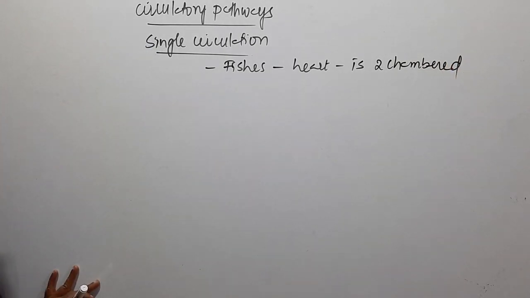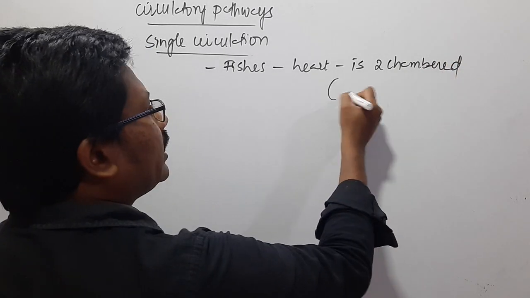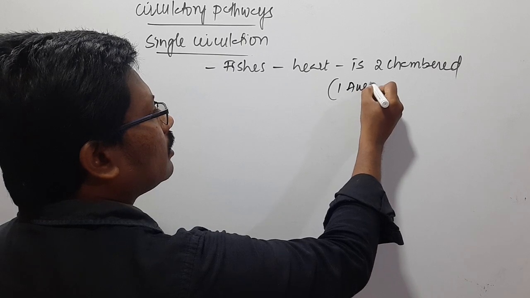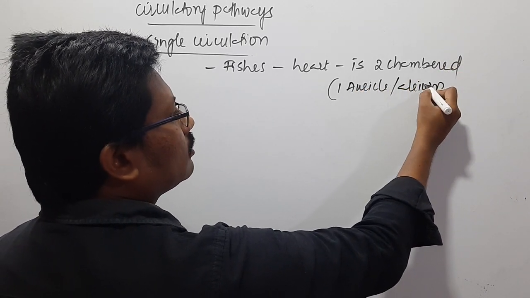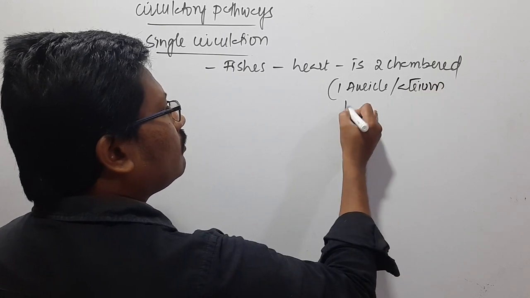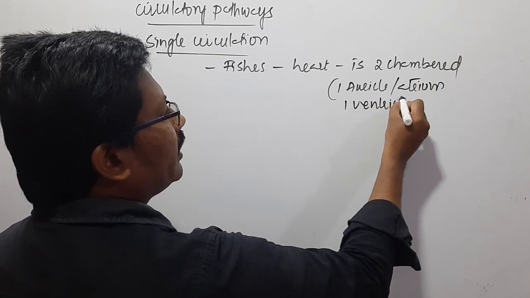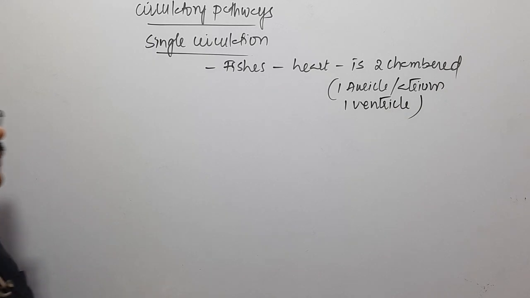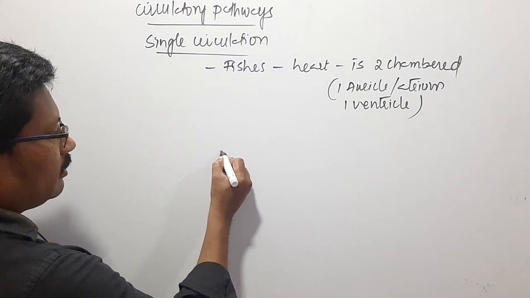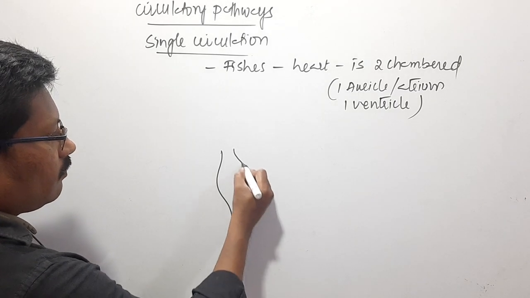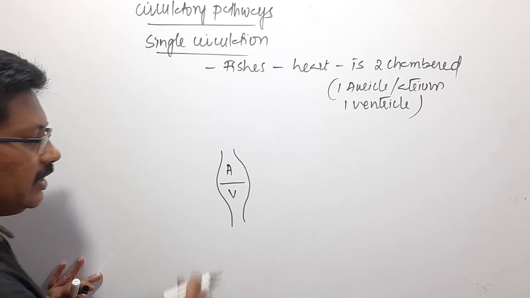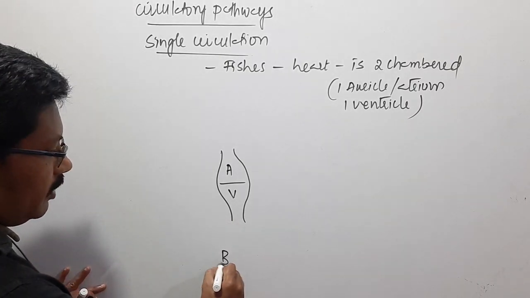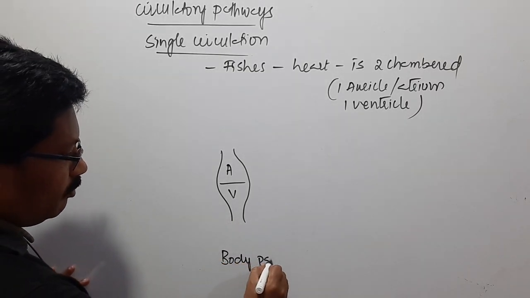So it has one auricle or atrium, and one ventricle. So this is the auricle and ventricle.